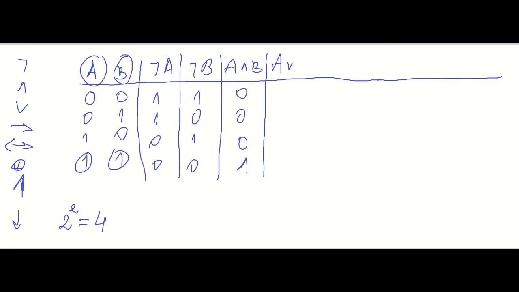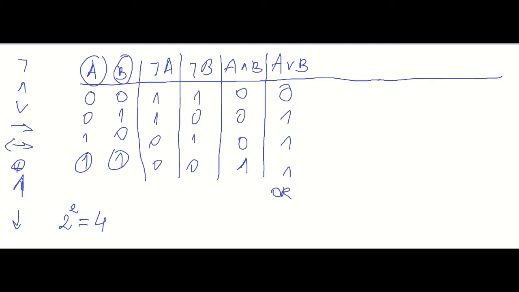For disjunction, operation OR, we get false in only one line, when both operands are false. So here we have false, and here we have true. Disjunction also stands for operation OR.